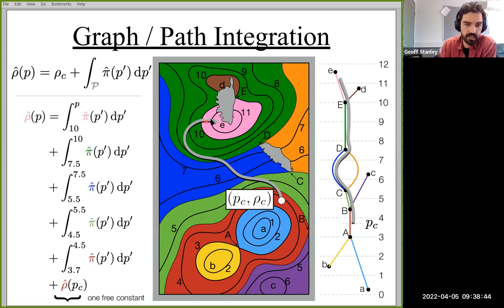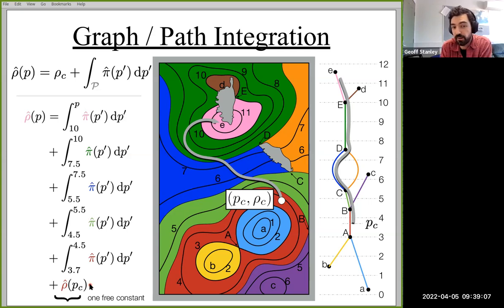So the density at some pressure in the pink region is: you integrate the pi hat function in the pink region from its boundary at 10 up to the pressure you're interested in. And then you integrate through the green region as you go through there, and then you integrate through the blue region, the light green region, until you get back to your red region where you started, and you have a free constant of integration.